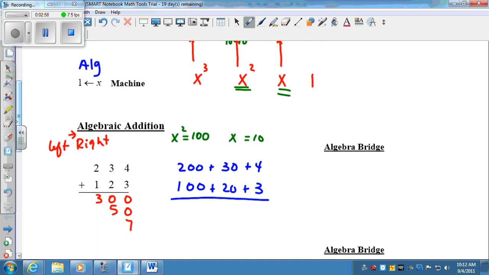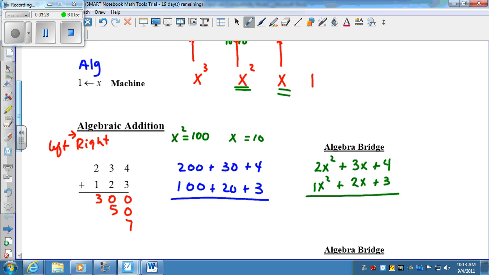So to convert from our 10 groups into an unknown size group, we're going to look at 200. So if x squared is 100, I have 2 x squareds, or 200. x is 10, so I'm going to have 3 tens and a 4. So 100 would be 1x squared. 20 would be 2 tens, or 2x, plus 3.